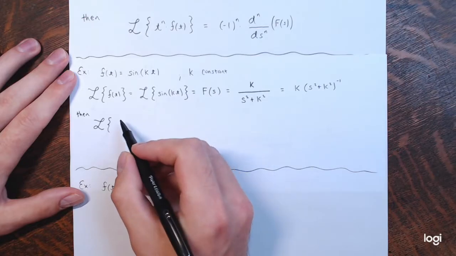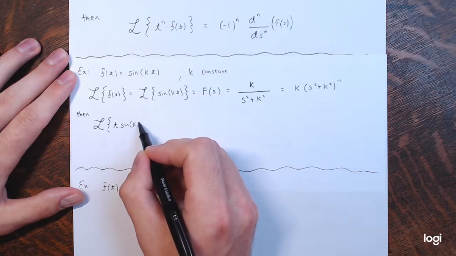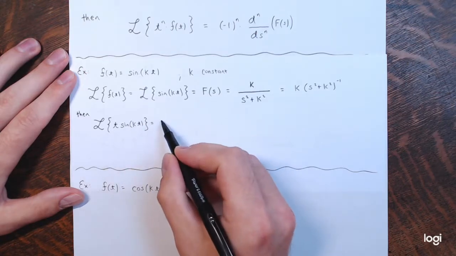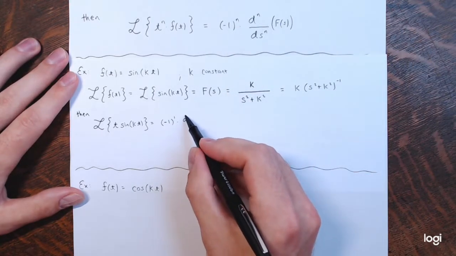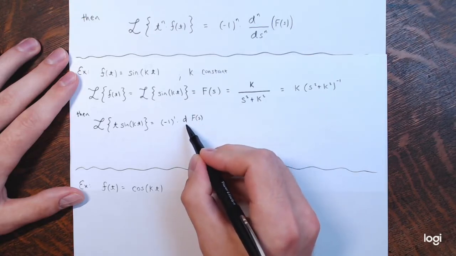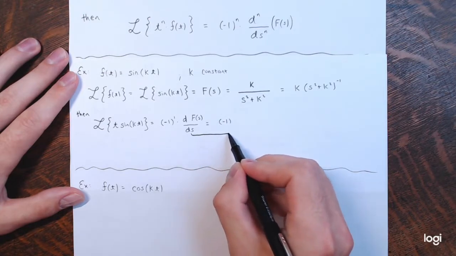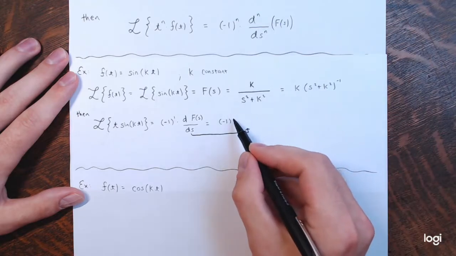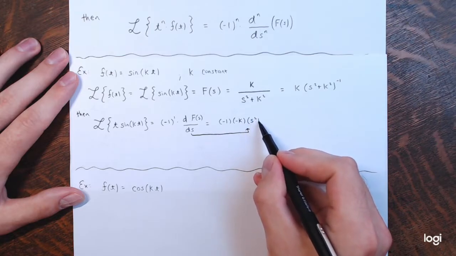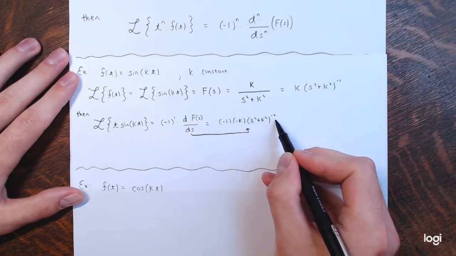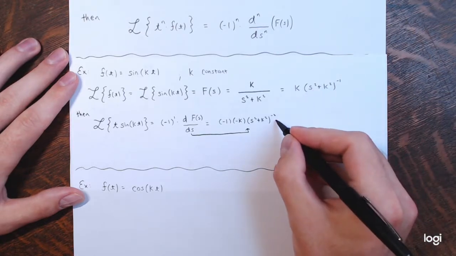The Laplace transform then of t to the first times the sine of kt would be negative 1 to the first, or just negative 1, times the first derivative of F of s with respect to s. So this would be negative 1, and then this first derivative again would be negative k times s squared plus k squared to the negative second, and then using the chain rule, with respect to s here, times the derivative of s squared plus k squared, that would just be 2s, right?